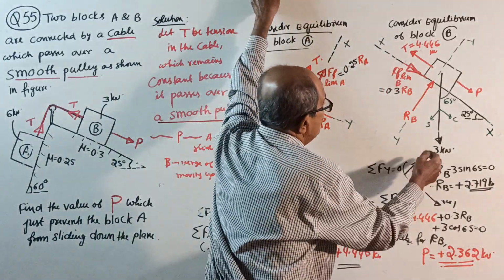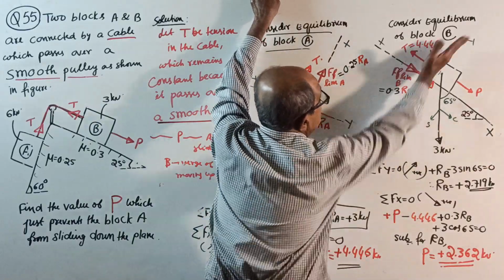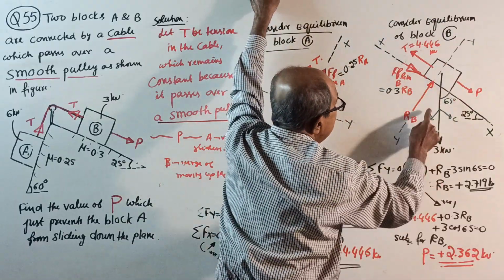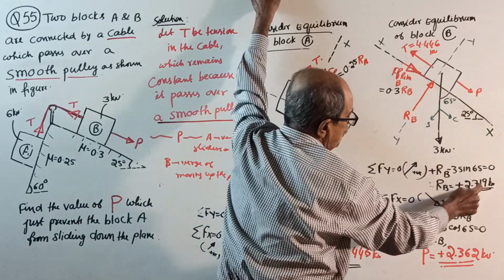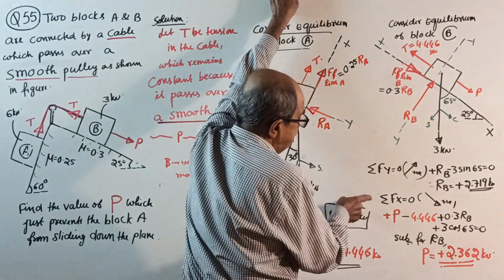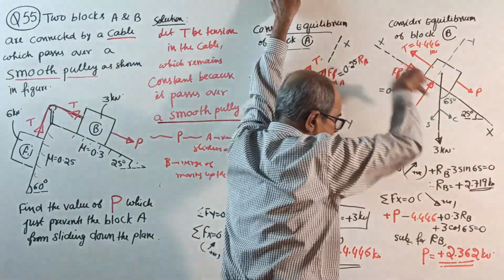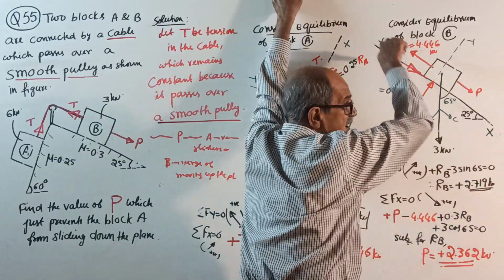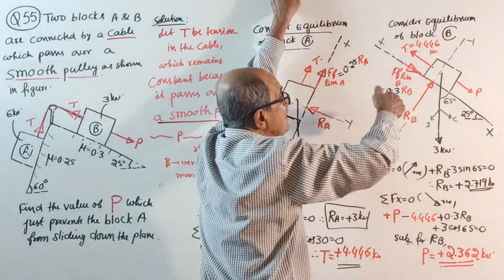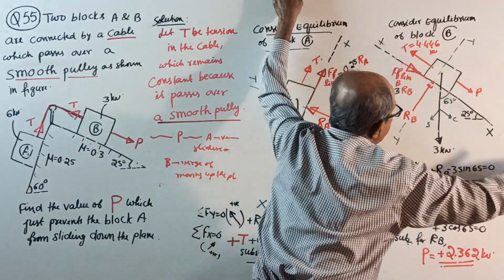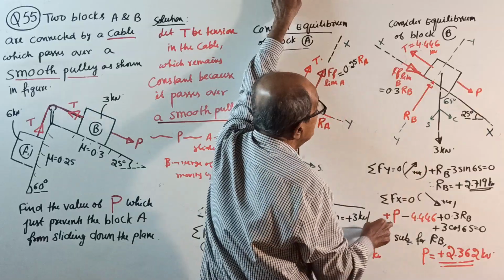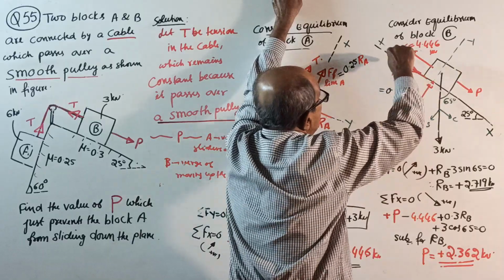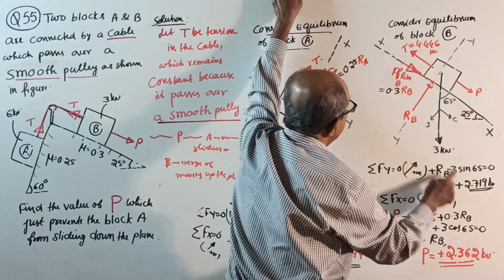Sigma Fy = 0. You take this way positive. Plus RB minus 3 sin 65 equal to 0. You get RB. Sigma Fx = 0, take this way. Right side going down. Your choice. You take this way positive. Usually right side, but actually it is not right side; it is inclined, somewhat this way, right side going down. If you take this way, plus P minus 4.446, then plus 0.3 RB.